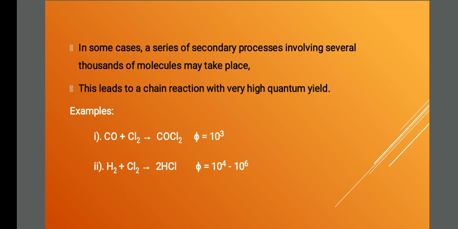Okay? There are still some special cases. In these, after absorbing just one quantum of light, a chain reaction spontaneously keeps going on. Like an atom bomb or nuclear fission, once we initiate it, that is enough, and in the secondary process a chain reaction will be taking place. So if you take the phi value, it will be in the powers of 1000, 2000, lakhs, and it goes on. The main reason behind this is the chain reaction taking place in the secondary process. The phi value here will be 1000 or lakh or 10 lakh or crores.